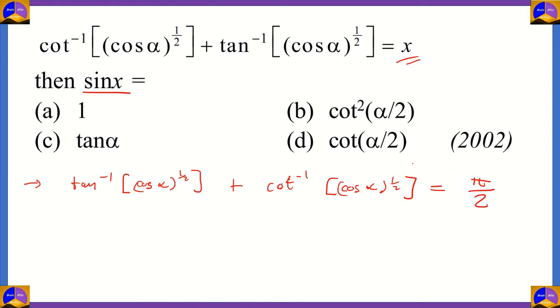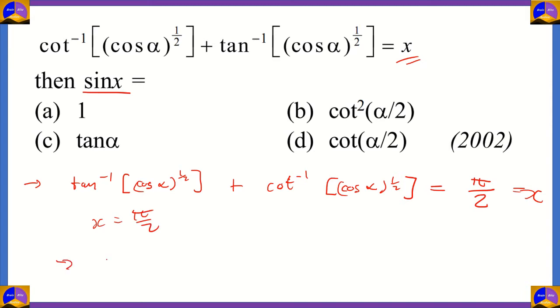So sine inverse x plus cos inverse x gives you pi by 2. Tan inverse x plus cot inverse x gives you pi by 2. Sec inverse x plus cosec inverse x also gives you pi by 2. So now using this equation, the right hand side, that is x, is equal to pi by 2.